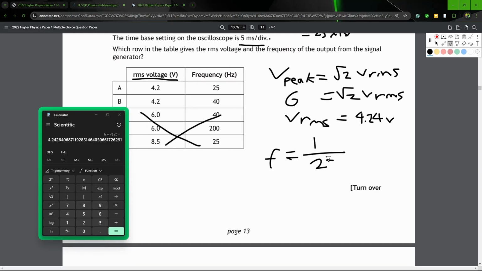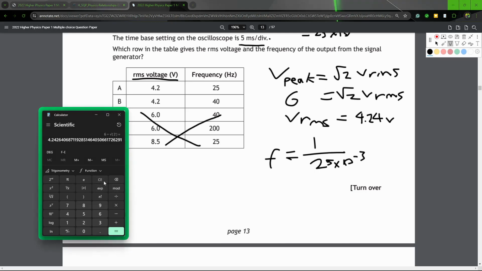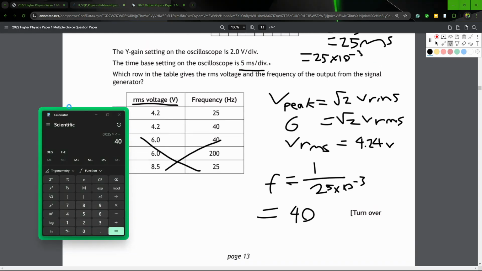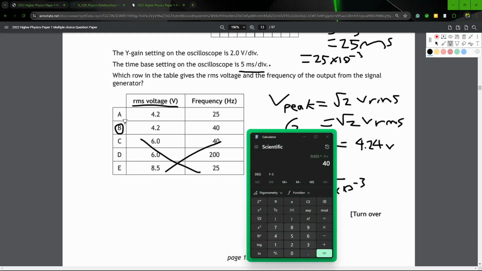So it's 1 over 25 times 10 to the minus 3. So if I go and do that, Windows calculator never changed and being absolutely garbage to use in every conceivable way. There we go, and we get 40. And there we go, 40 is our answer, so it would be B.